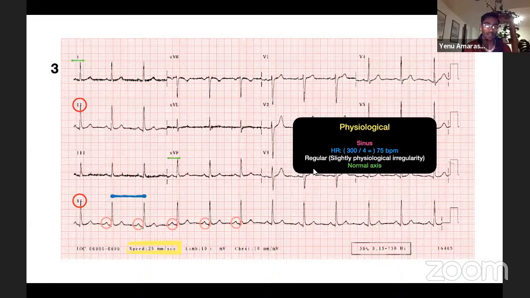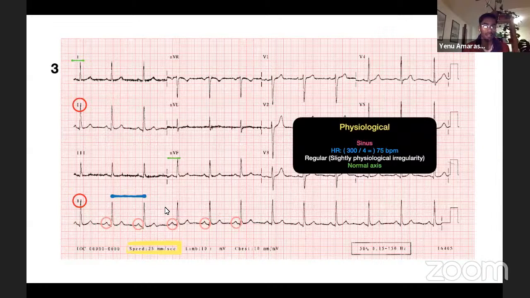Then you would check the heart rate. Just by looking at it, you can see that there's 4 large boxes, give or take 2 very small boxes on either side. So it'll be 300 divided by 4, and that's 75 beats per minute. And again, there's a very slight irregularity, but this is physiological, and this most probably is due to respiratory changes.